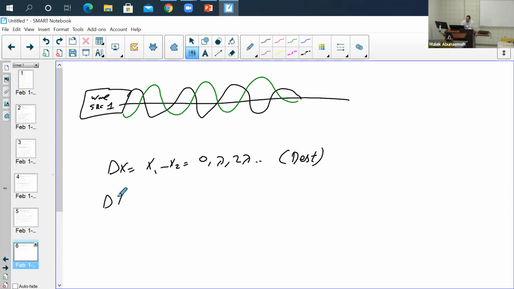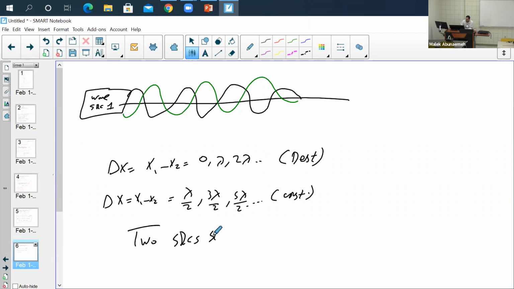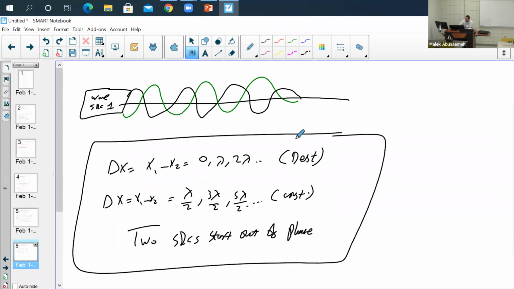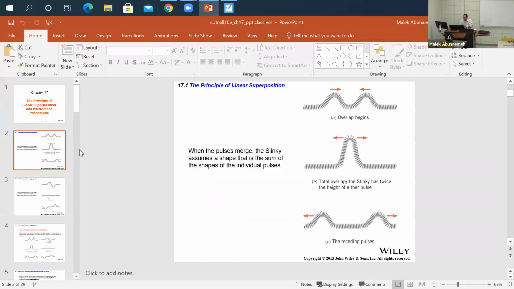When you go half a wavelength, which is going to be lambda over 2, 3 lambda over 2, 5 lambda over 2, etc., that's going to be constructive. And this happens, again, when two sources start out of phase. And that's basically what we did, right?